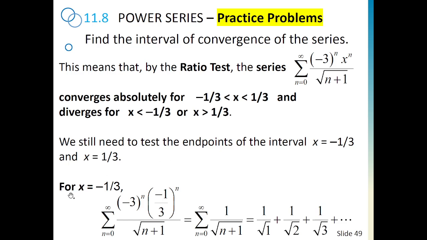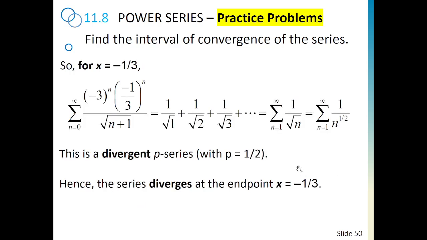We plug in one of the endpoints first and then the other. At x equal -1/3, instead of x we plug in -1/3, and everything else remains the same. I rewrite this and I get the series of 1 over the square root of n.